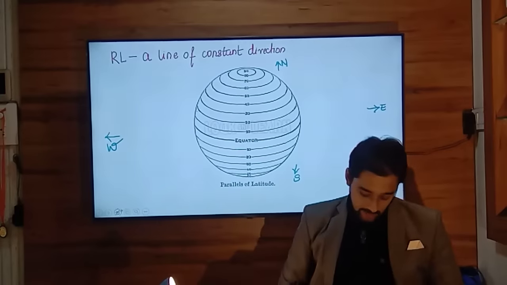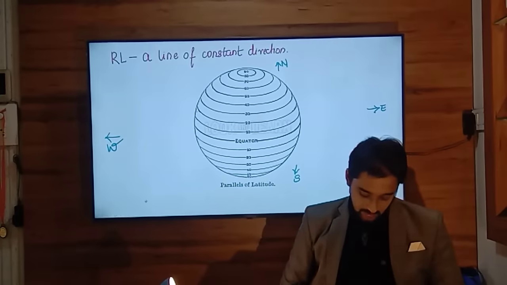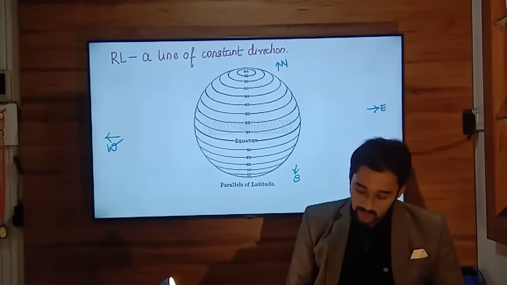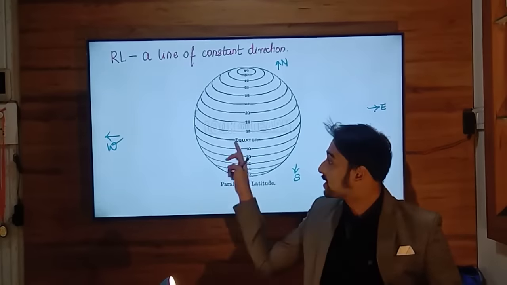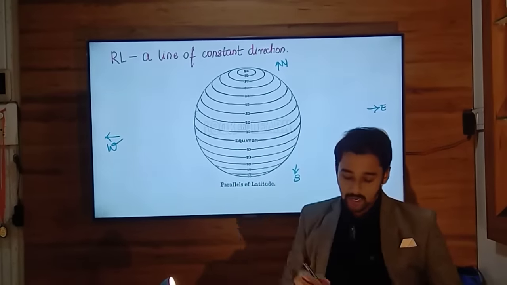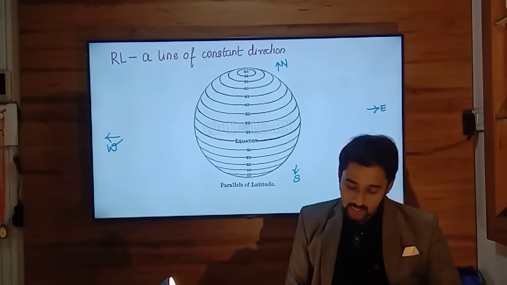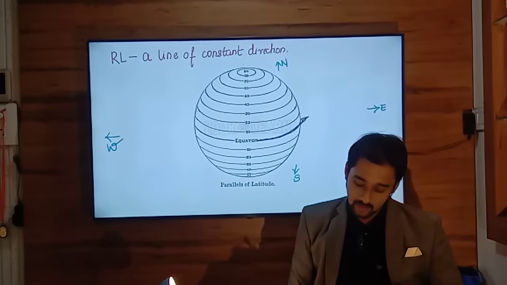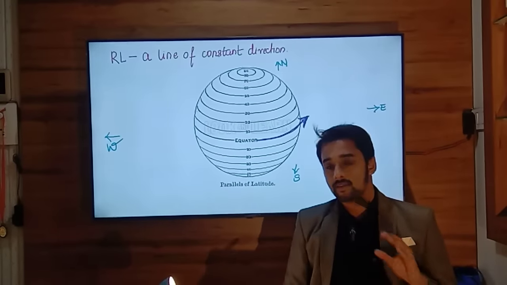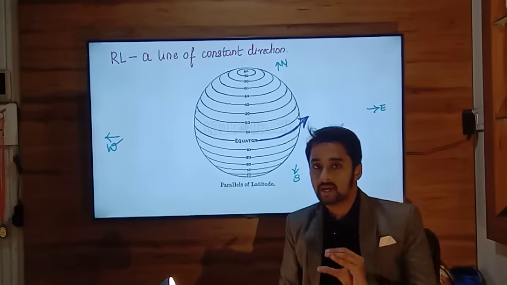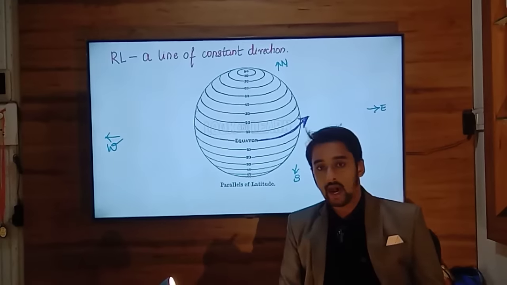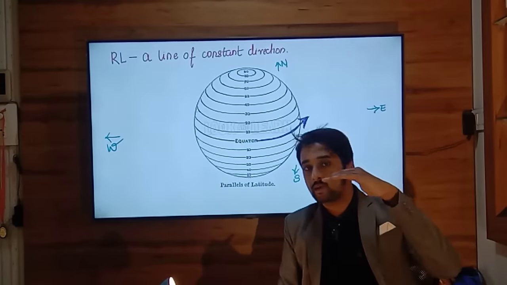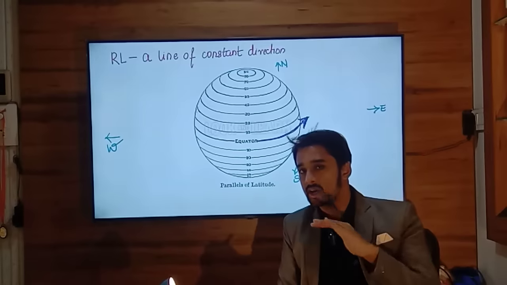Now if I take the equator, and at this particular latitude I try to go eastwards, if my goal is to stay at the equator only, at 0 degree latitude, I cannot go above 0 degree latitude, 1 degree, 2 degrees north, 1 degree, 2 degrees south.